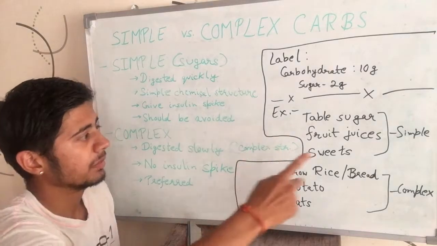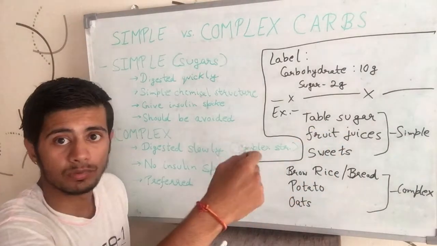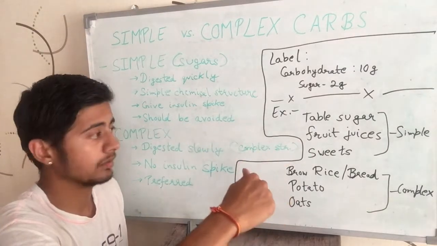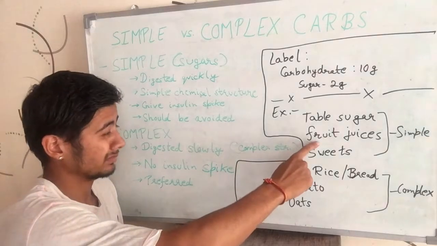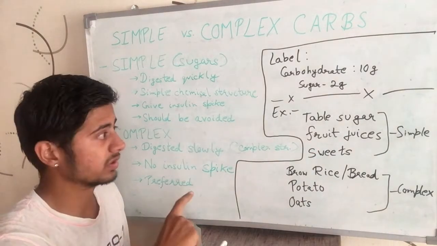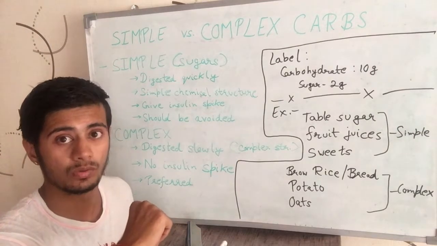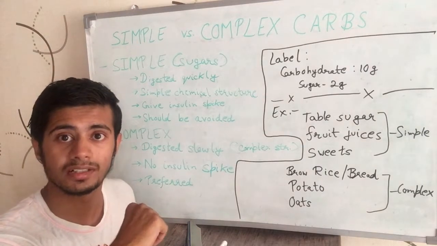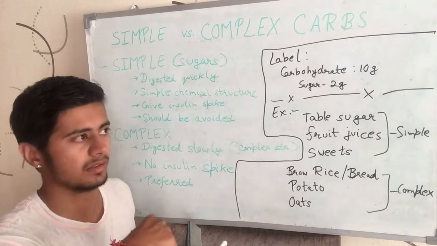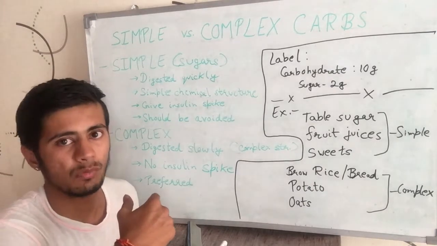Now, examples of simple carbohydrates would be table sugar, the normal sugar that we use in milk and many other products while eating. Fruit juices that we drink. I'm not saying that you shouldn't drink fruit juices, although a lot of trainers would say that fruits and fruit juices will give you an insulin spike, but I suggest that you have them in moderation.